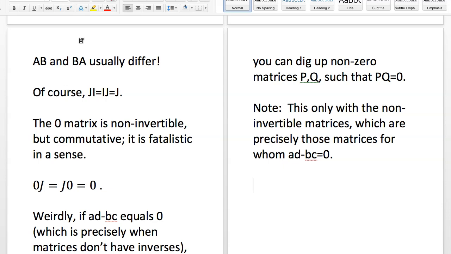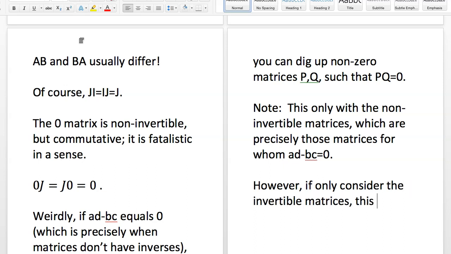That's kind of strange. Now, however, if you only consider the invertible matrices, this phenomenon will not occur. So matrices that are invertible can be funny in their own right, but they won't be that funny.